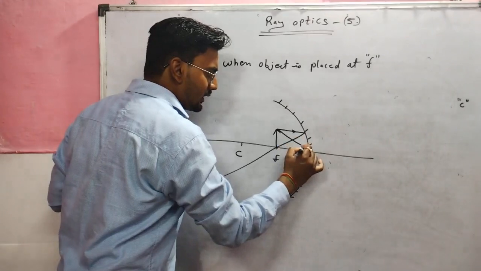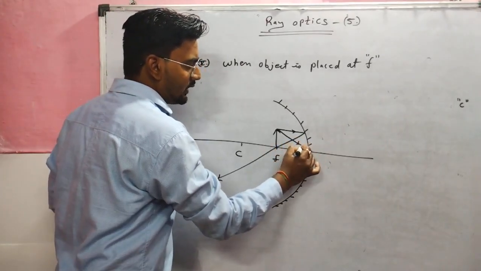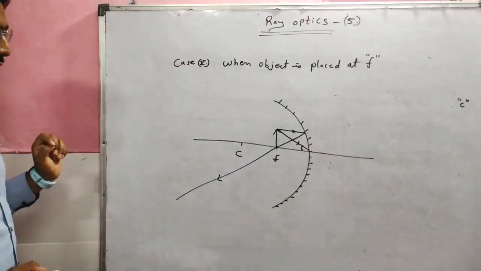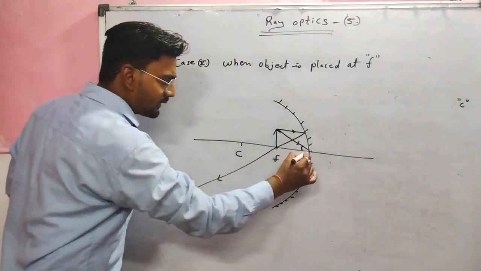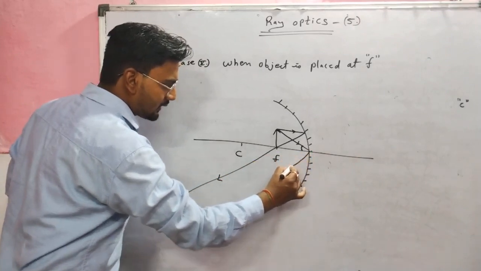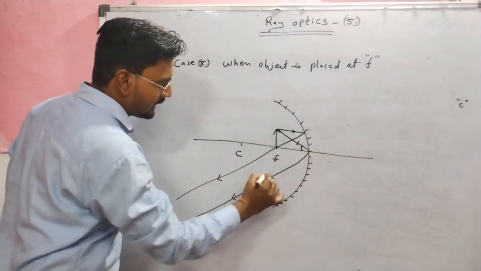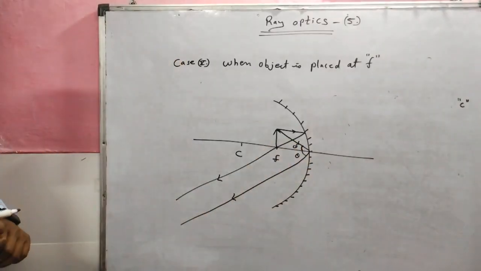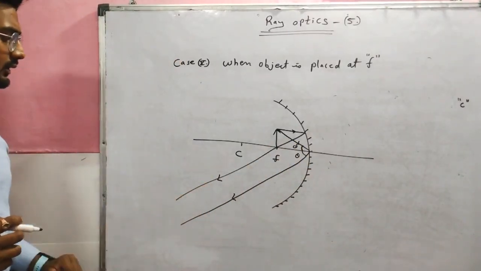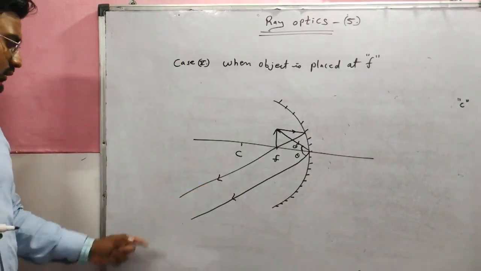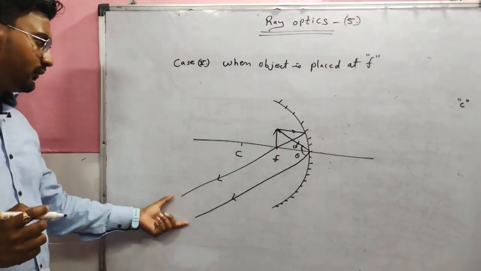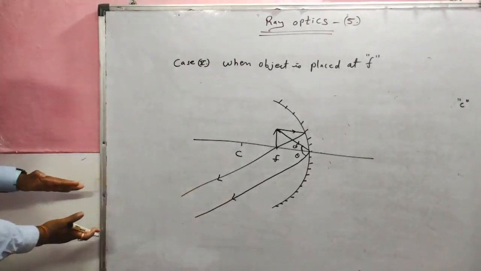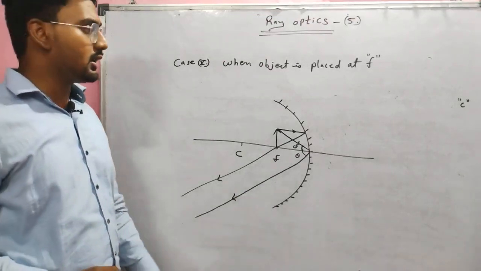When a light ray comes at some angle with the principal axis, the light ray after reflection goes at the same angle as the incident angle, and these light rays make the same angle with the principal axis. That's why these light rays are parallel, and parallel light rays meet at infinity.